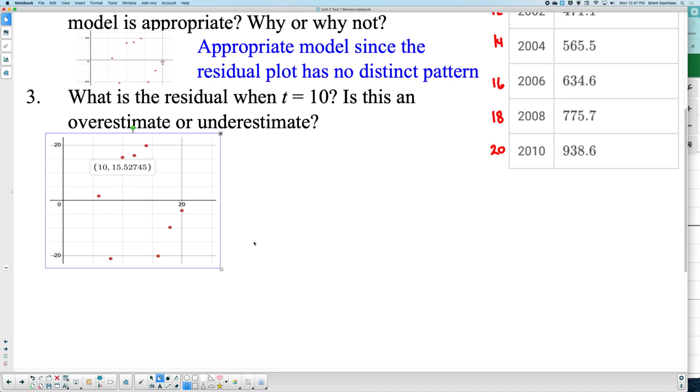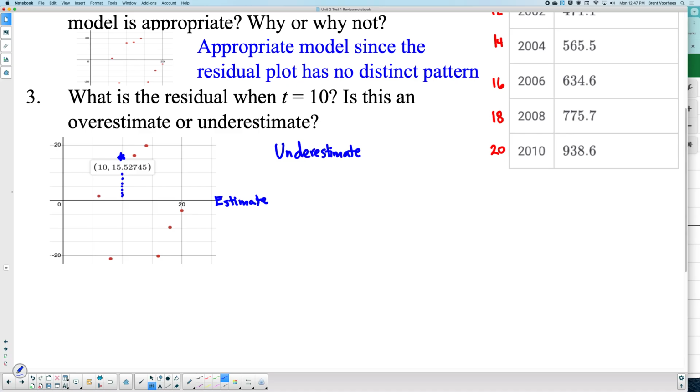Okay, so we're looking at this point right here. That's the point we're looking at. Here's the estimate. Is the estimate under or over the actual? The estimate is under. So we have an underestimate. The actual is above. The estimate is under. Underestimate of 15.527.